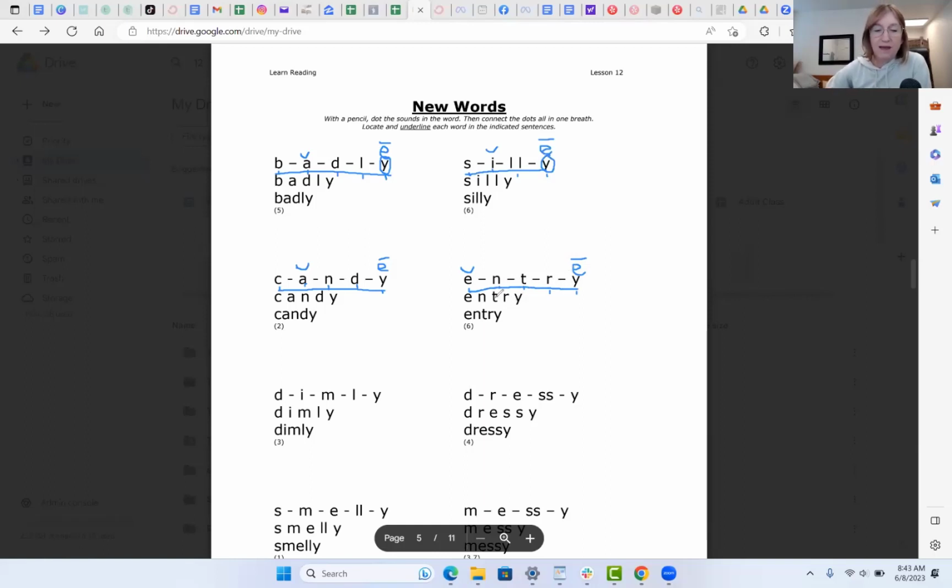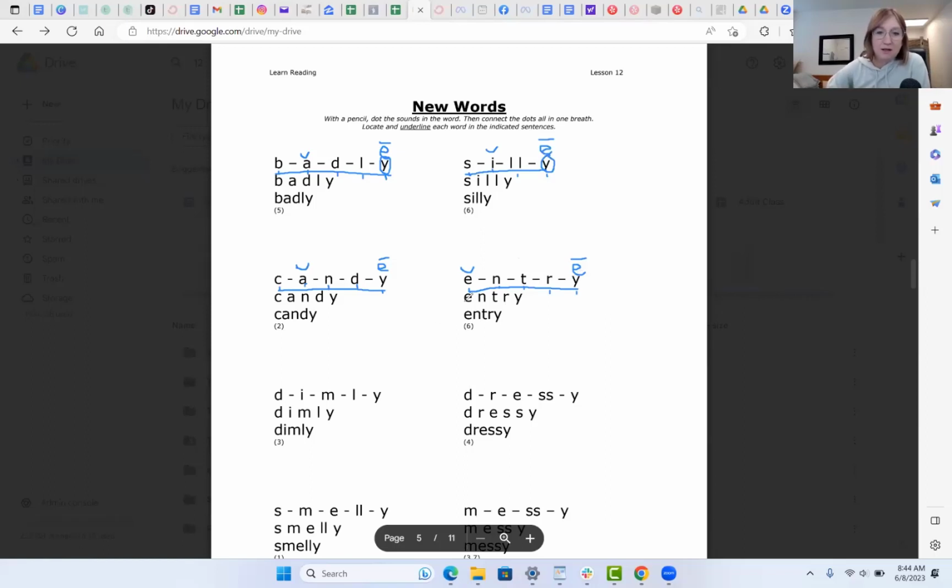Okay, so here we have a short vowel sound over here and a long vowel sound over here, a short E and a long E. This one's going to make its short sound because the next two letters are consonants. There's not another vowel, one or two doors down. This Y is going to make the long E sound because that's Y's most common sound when it comes at the end of a longer word.